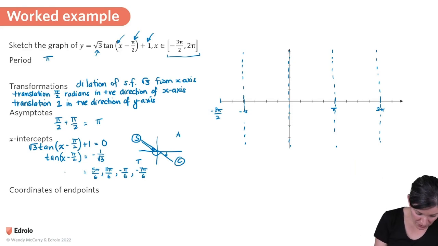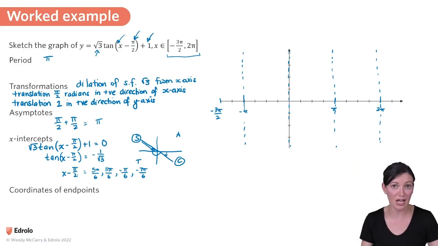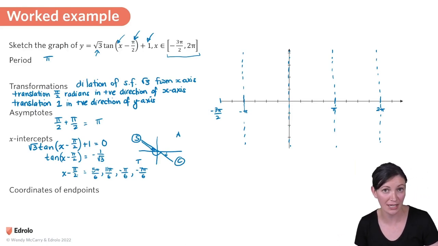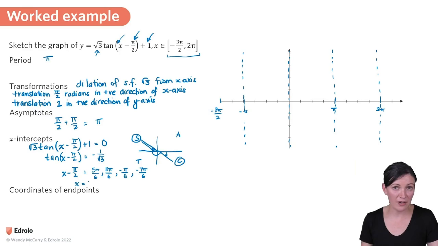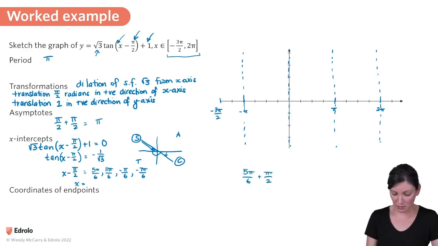Now this was for the angle x minus pi on 2. If I want to find x, I've got to add pi on 2 to each of those angles. So 5 pi on 6 plus another pi on 2, that's 3 pi on 6, gives me 8 pi on 6, which simplifies to 4 pi on 3.